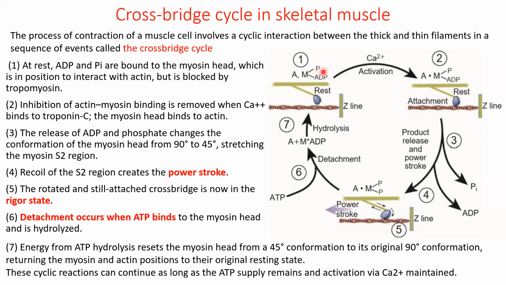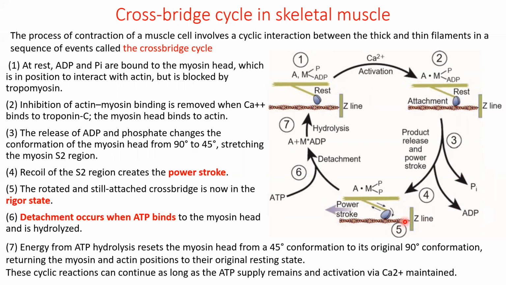Now, when calcium binds to troponin, tropomyosin moves away. When that happens, this head, can you see this head, will attach to the actin. When it attaches to the actin, the Pi moves away, the ADP moves away from the head of the myosin, and now the myosin will pull the actin.